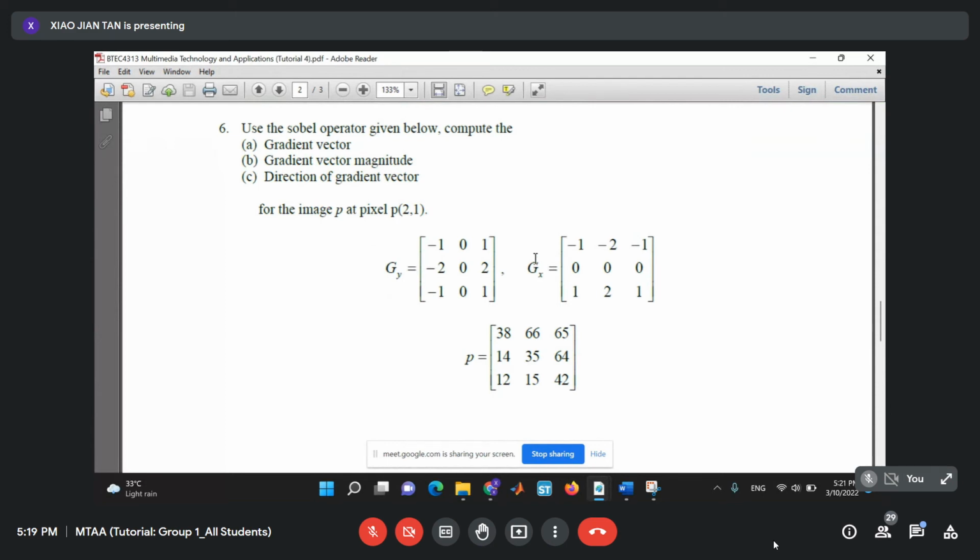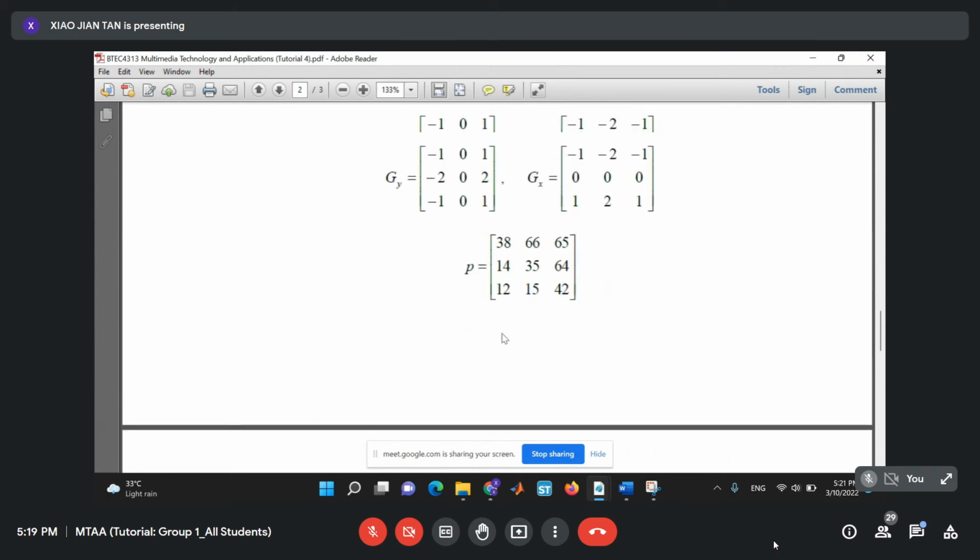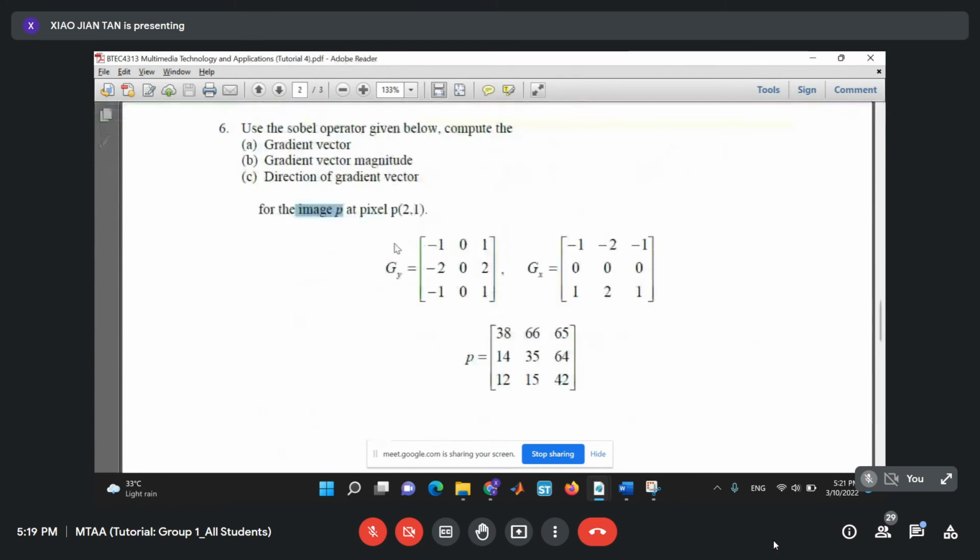Why are Gy and Gx given? I hope you all can recall that Sobel is not only one direction. It has two directions, and later on the directions are combined. You have x, the horizontal direction, and y, the vertical direction, and this is your input image, image P. Pixel (2,1)... I think it's this one.